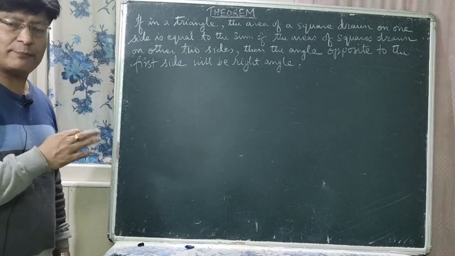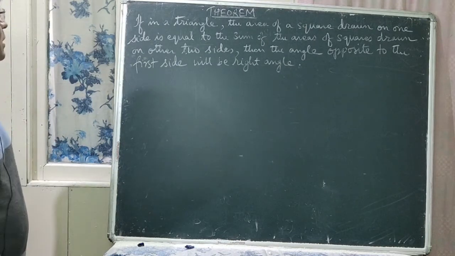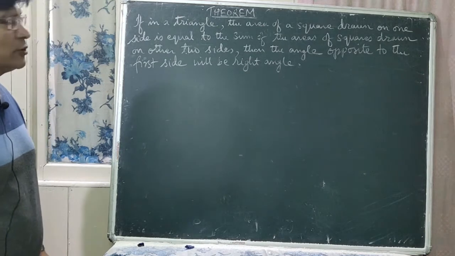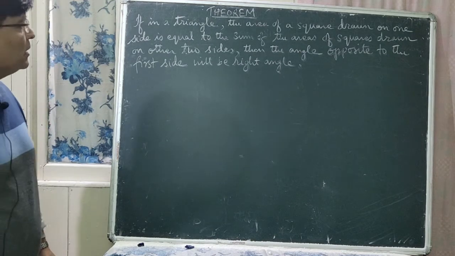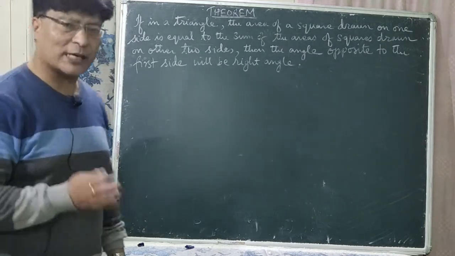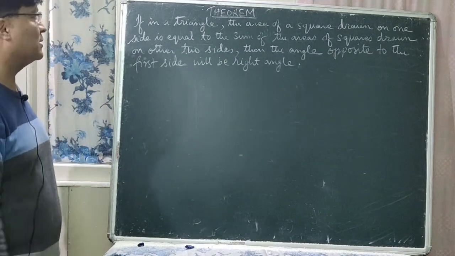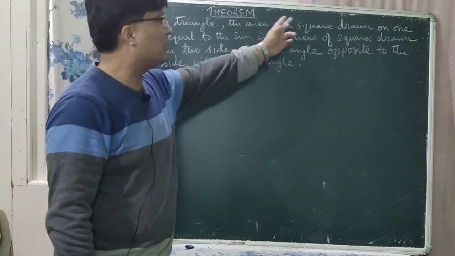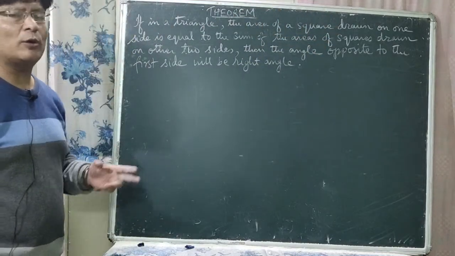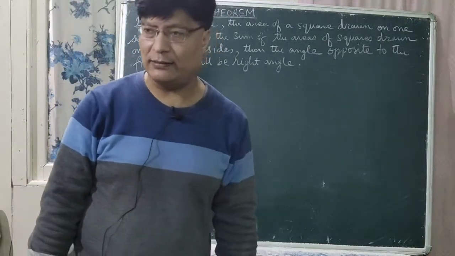So this is the converse part of Pythagoras theorem. The theorem is, if in a triangle the area of a square drawn on one side is equal to the sum of the areas of the squares drawn on the other two sides, then the angle opposite to the first side, means the side on which the square area is drawn first, will be a right angle.